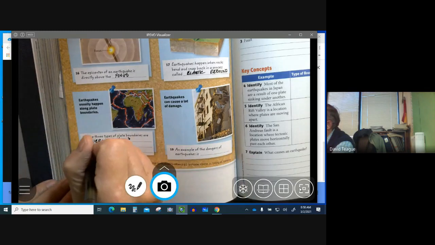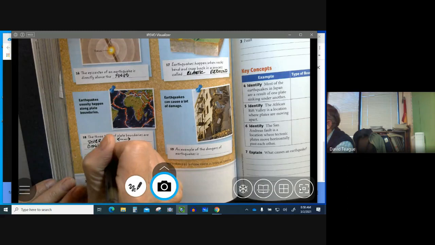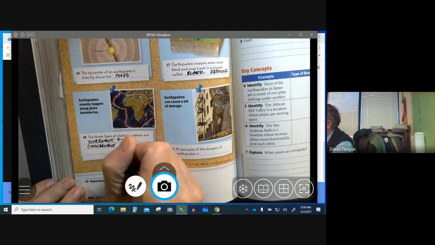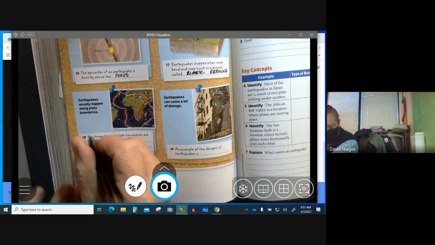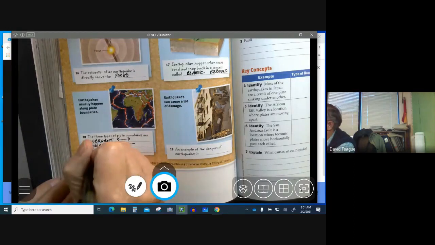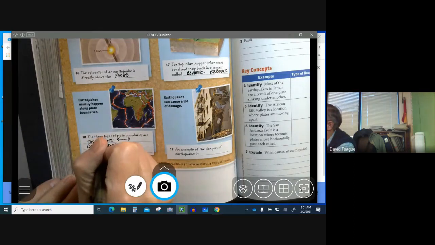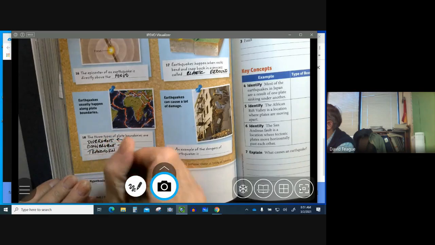You have convergent, which means that they're hitting each other. And then you have transform, which means that they are sliding past each other.